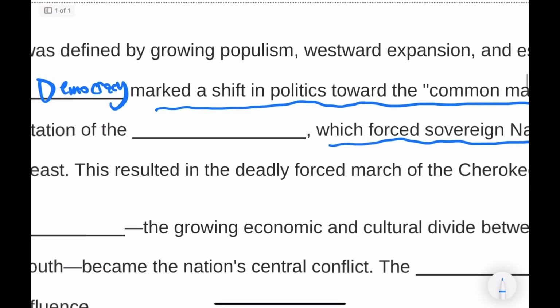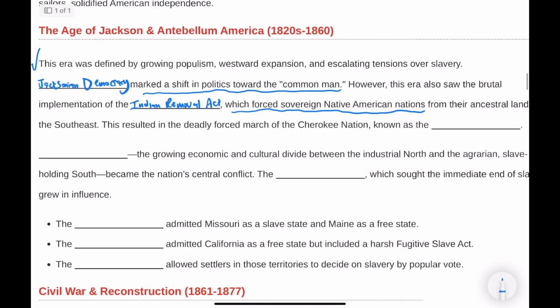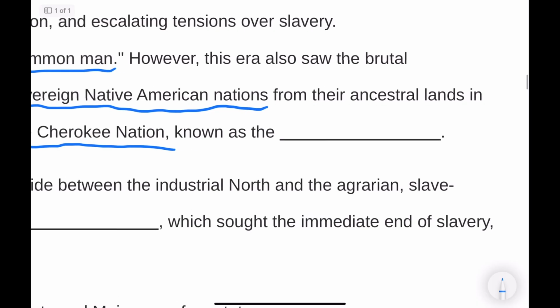That was called the Indian Removal Act. That happened in 1830. All right. This resulted in the deadly forced march of the Cherokee Nation, known as the Trail of Tears.